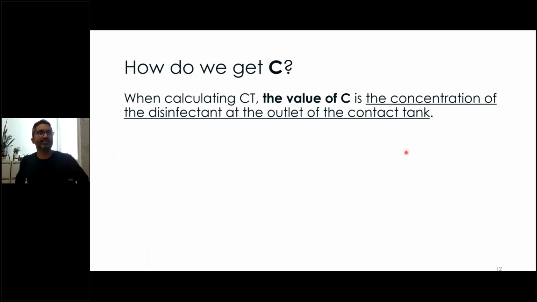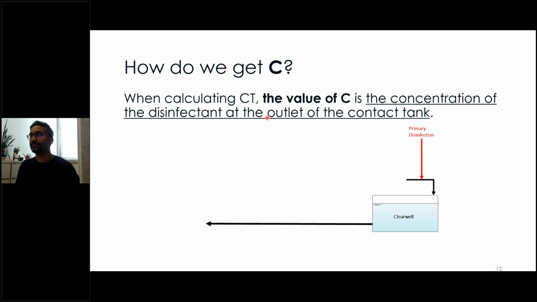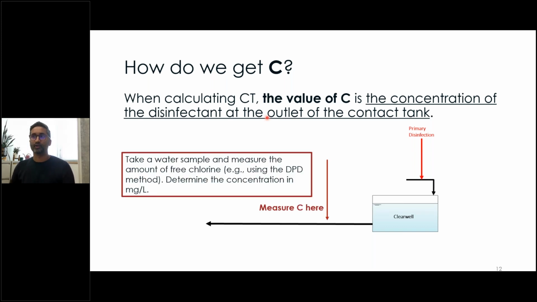So we talked about how CT is temperature and pH dependent, but how do we actually get CT? Where are those numbers coming from in those tables? How do we know where our system is relative to those numbers in order to know how much log removal we're actually getting? Okay, so C is the concentration of the disinfectant, and where you want to measure C is actually at the outlet of your clear well or your contact basin.